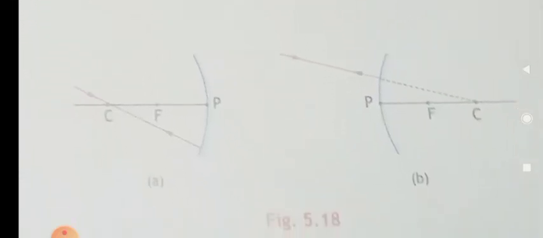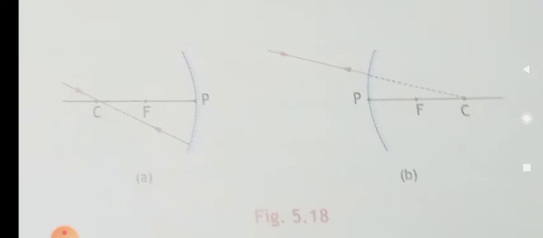Yes. The next one is a ray of light that passes through the center of curvature of a concave mirror, or moves towards the center of curvature of a convex mirror. Look at the diagram.